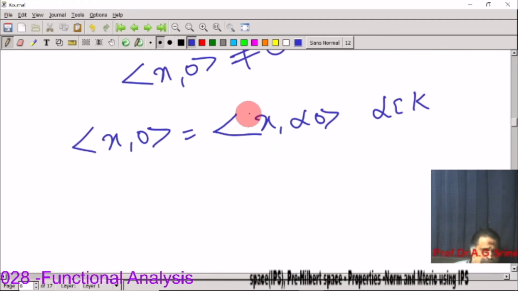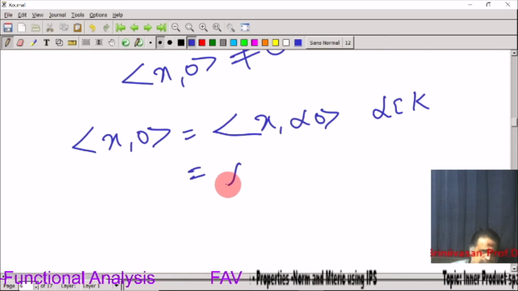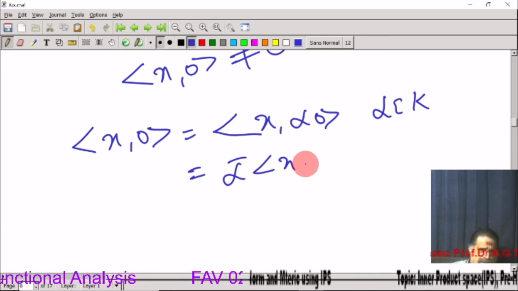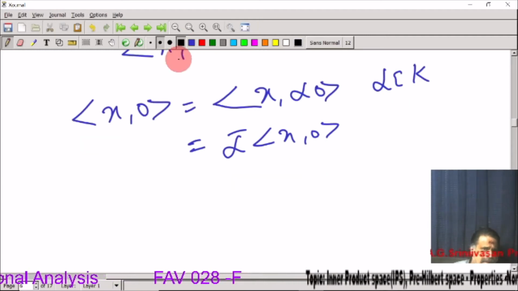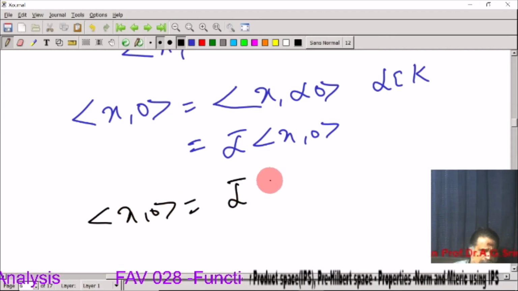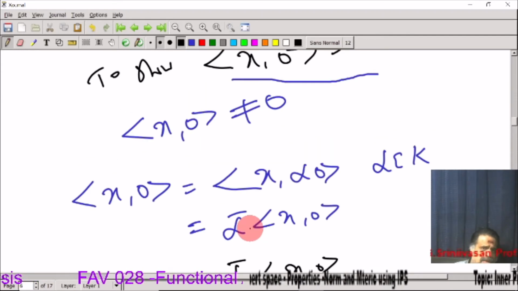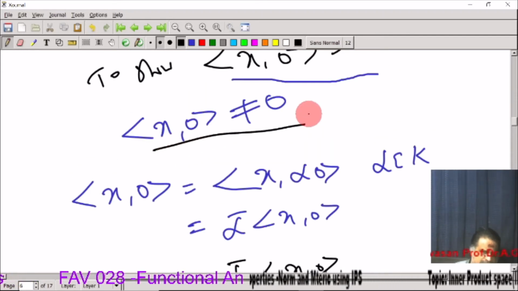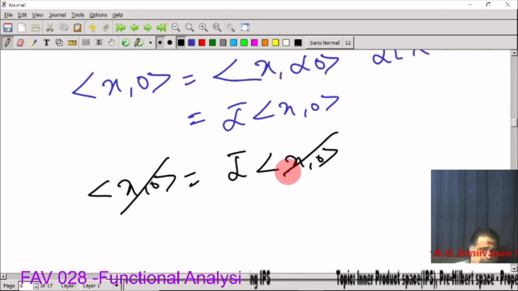But by definition of inner product, when I take alpha out from the second component, this becomes alpha bar times inner product x0. So what we proved so far is that inner product x0 is equal to alpha bar inner product x0. But because inner product x0 is not equal to 0 by the assumption we made, we can cancel the inner product x0 on both sides, because it's not equal to 0, it's a real number.